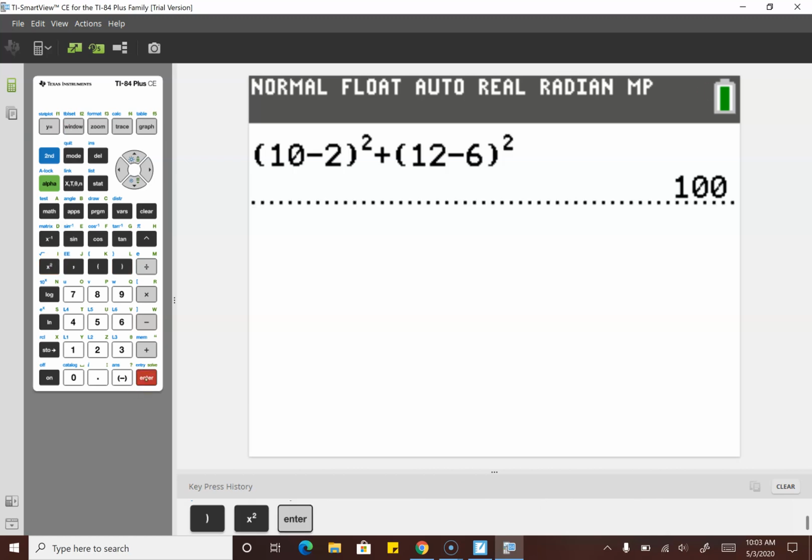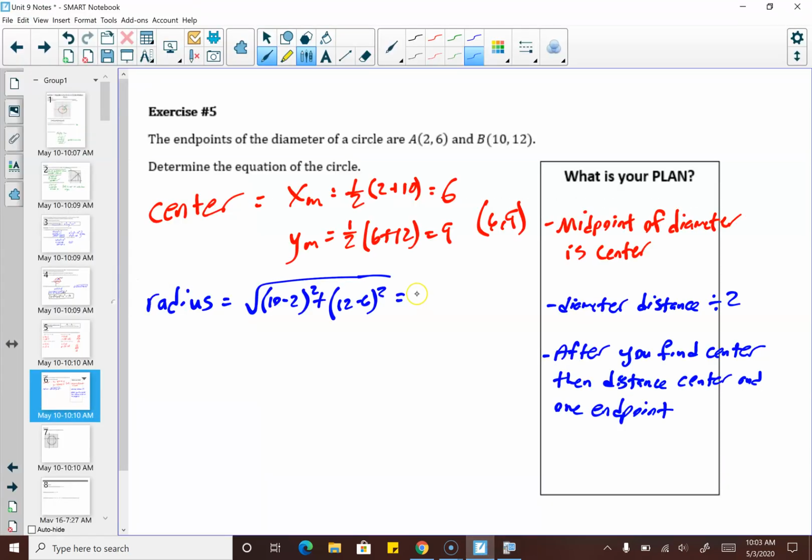That's going to give me 100, which is really, really nice. So I get the square root of 100, so I get 10. Now remember, that is your diameter distance. So then your radius is going to be 5. It's going to be half of that diameter.